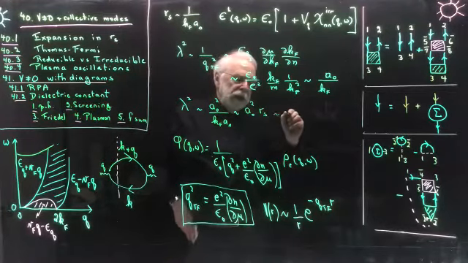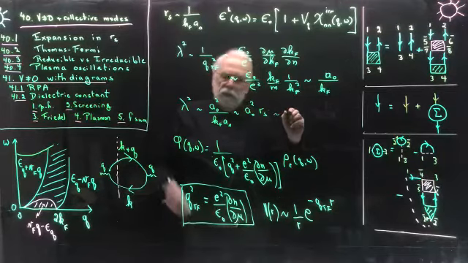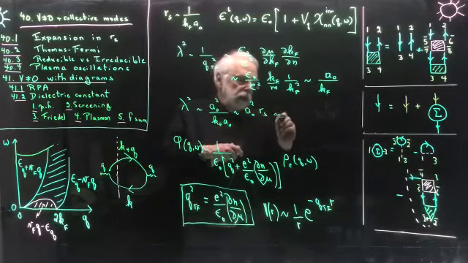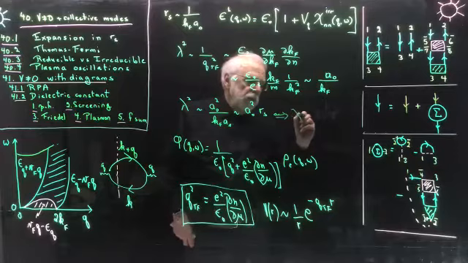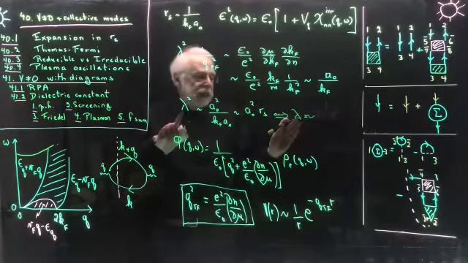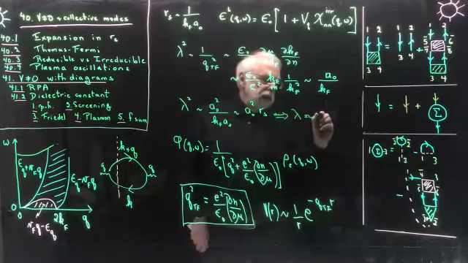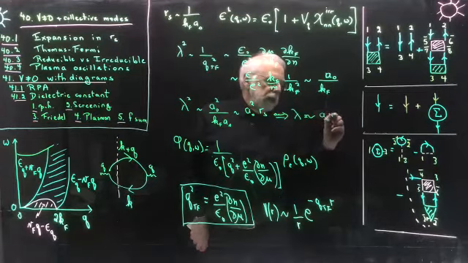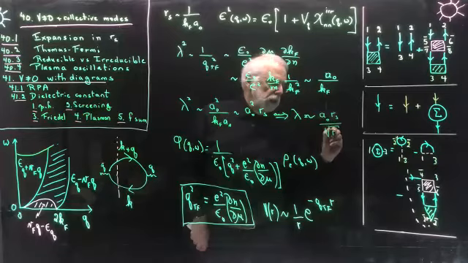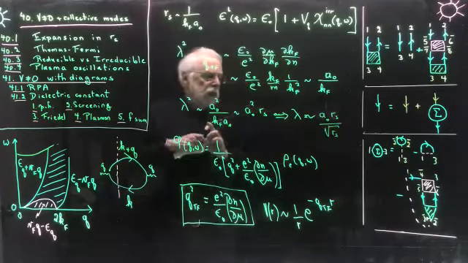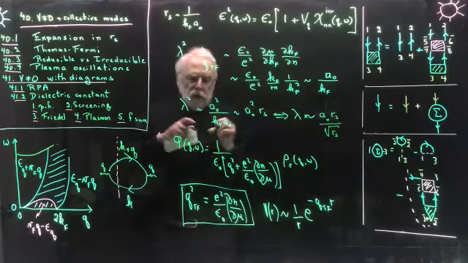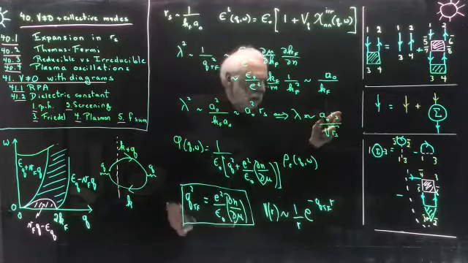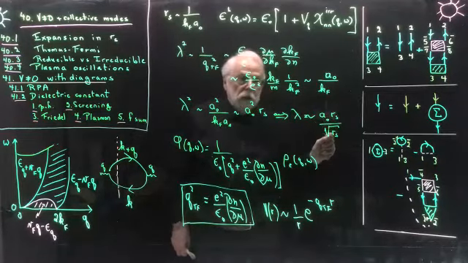So the screening distance lambda is a_0 times r_s over square root of r_s. So lambda is like the distance between atoms divided by the square root of r_s.